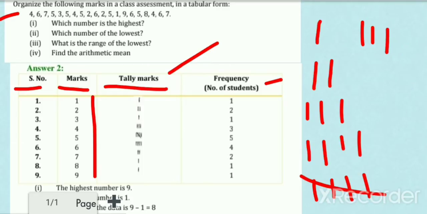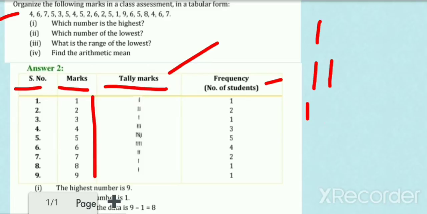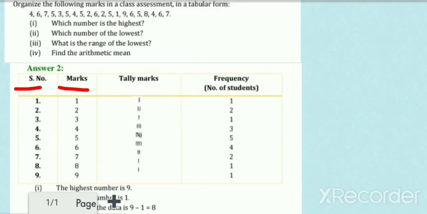Now firstly the given numbers are 1, 2, 3, 4, 1 to 9. Okay, now count: 1 comes 1 time, 2 comes 2 times, here this is 2 times, and count 3 comes only 1 time.